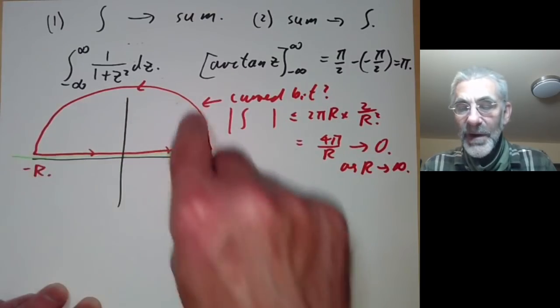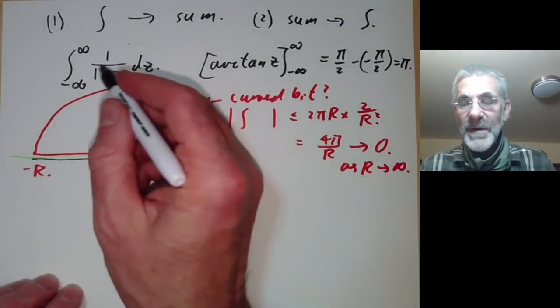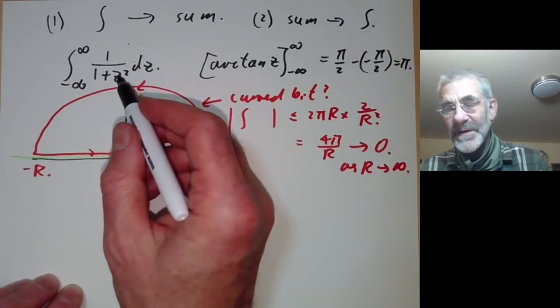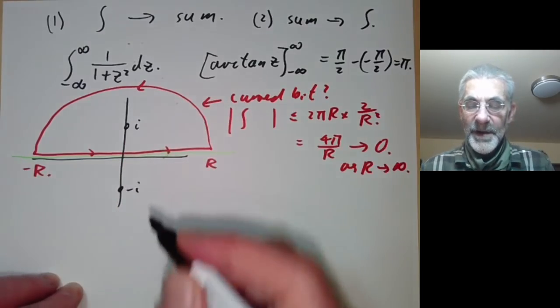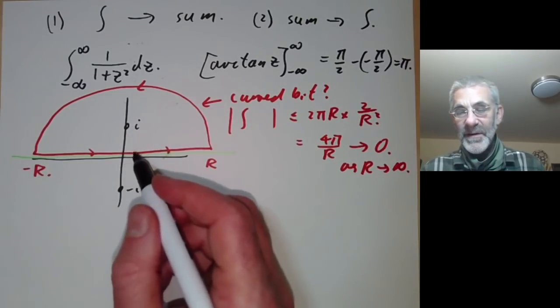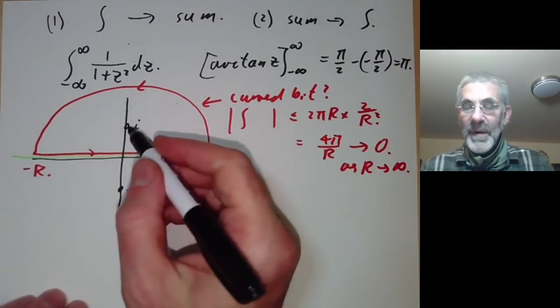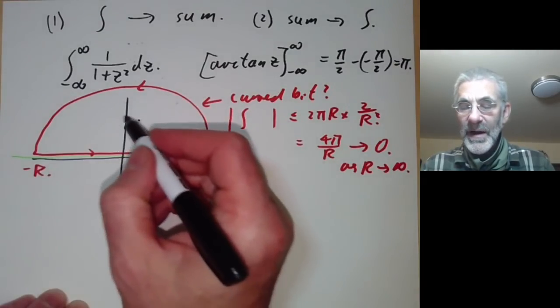Now we can apply the residue theorem. So we need to know, what are the points where this is not holomorphic? Well, obviously there's z equals i and z equals minus i. And we don't care what happens at minus i because that's outside the contour. So by the residue theorem, the integral over the red bit is just the residue at i.